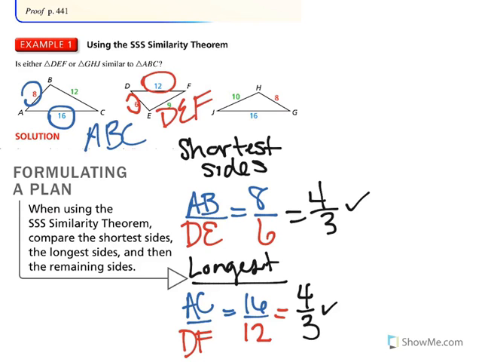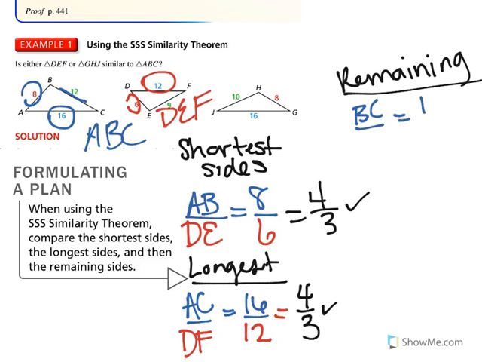So the remaining sides, that would be BC, and it's 12. And if I look at DEF, my remaining side here is 9, and that's EF.